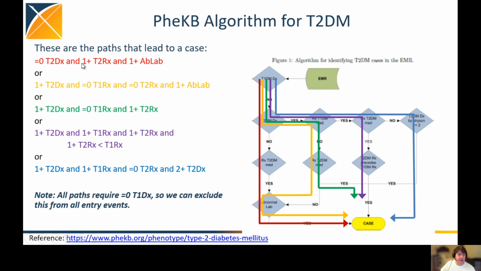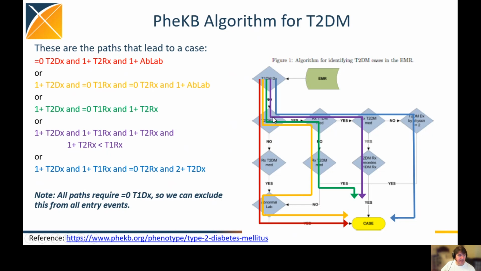So these are those paths. The red path is saying exactly 0 type 2 diabetes diagnosis and at least 1 type 2 drug and at least 1 abnormal lab. So that's following this path here. The yellow line follows at least 1 type 2 diagnosis and then no type 1 treatment, and then no type 2 drug, and then you have to, at that point, have an abnormal lab.